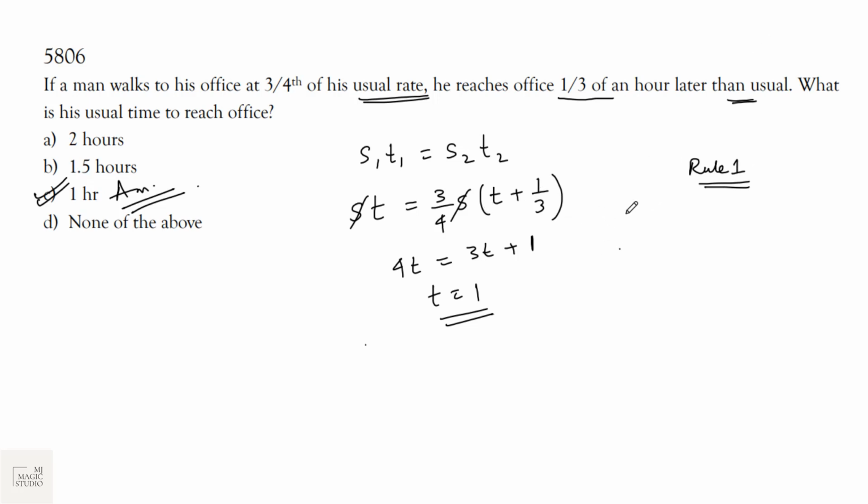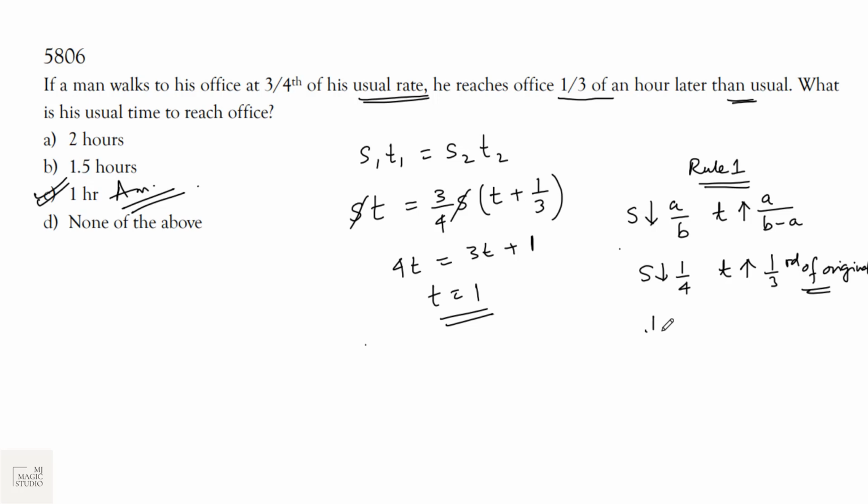And the rule says that if speed goes down by A by B, time taken will go up by A upon B minus A. Now here the new speed is 3/4 of the usual. That means speed has gone down by 1/4. That means time has gone up by 1 upon 4 minus 1, 1/3 of the original or usual time.